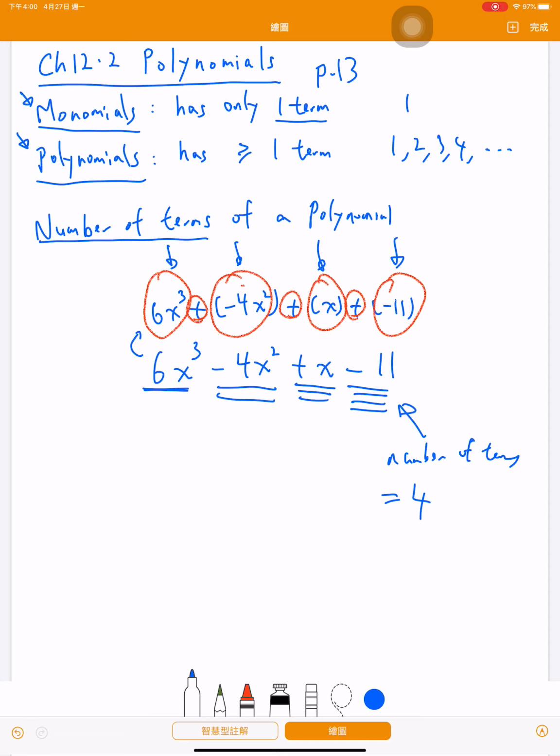Only one term. Then we can see usually it is considered of 2 parts. For example, look for this one. For the first term, 6x cubed. Usually for each term we consider of 2 parts. The first part is this one, the numerical part. We will call it coefficient.